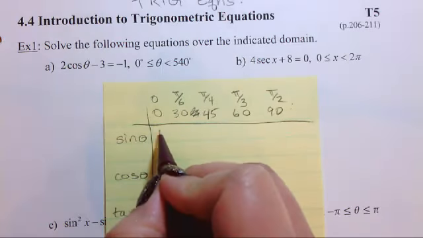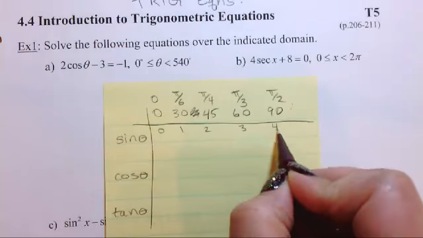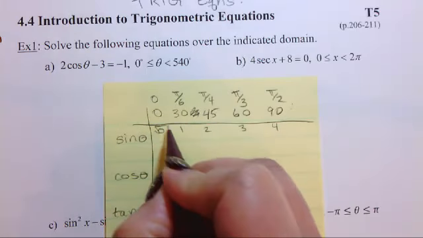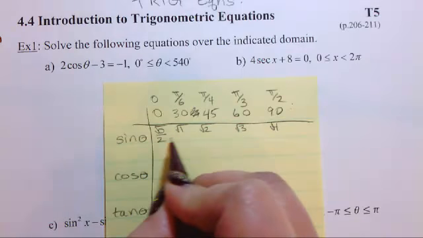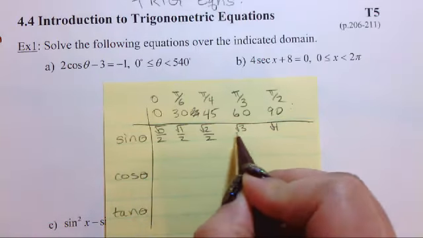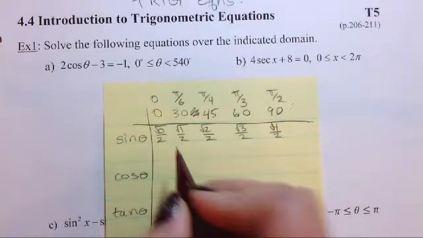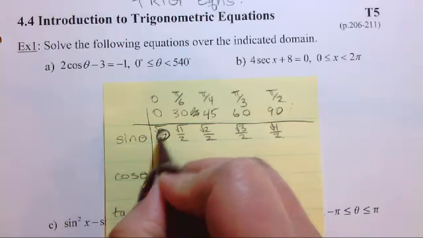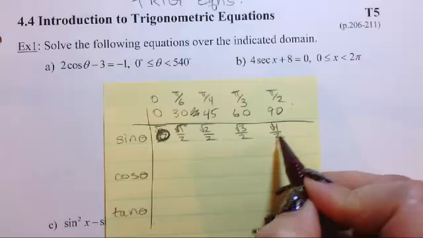So remember, we start with 0, 1, 2, 3, 4. Easy, right? Square root everything. And then divide everything by 2. So these are all of our values that we need. Now reduce ones that you can. So you can reduce this one so that it's 0. And you really don't need the square root on here because it's the same thing.